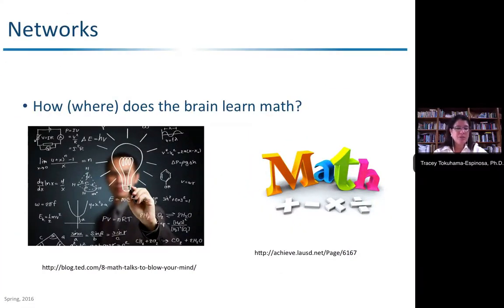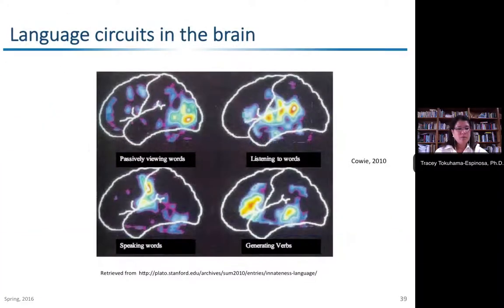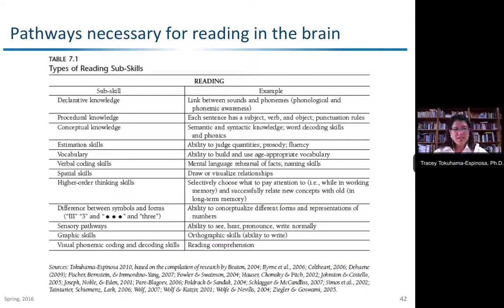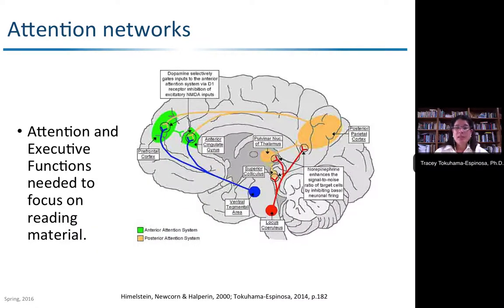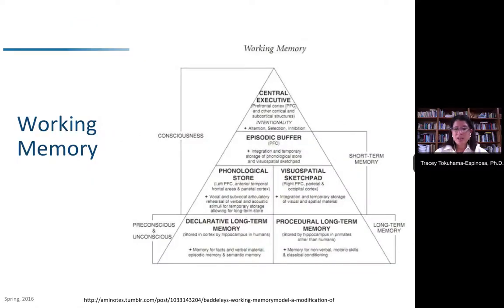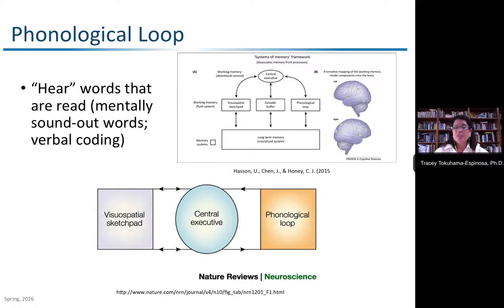There's multiple levels. So what are some of the neural pathways for reading? I tried to document this and found that there were at least 16 different neural pathways before the brain can read fluently. You have to be able to see words, you have to be able to pay attention to them, you have to have working memory. Within working memory, you have something that's called the phonological loop.